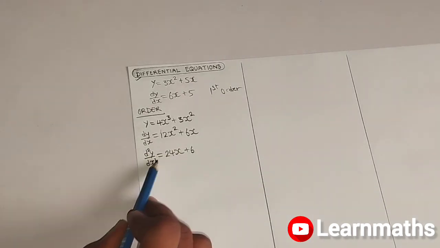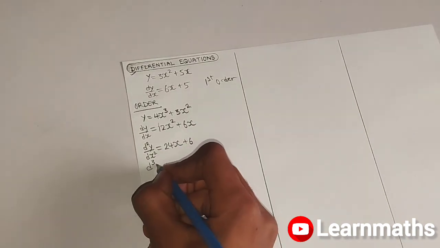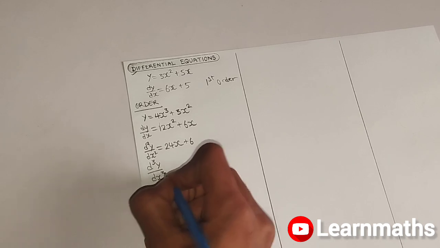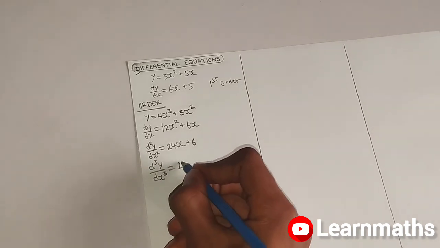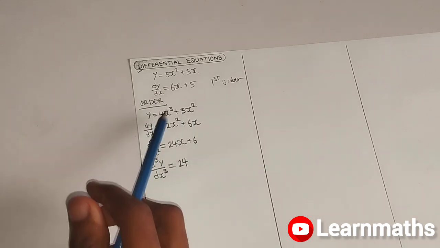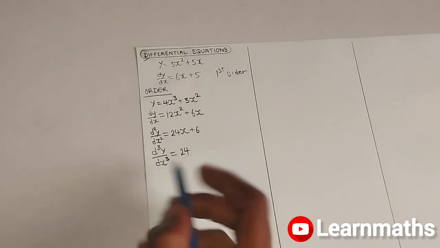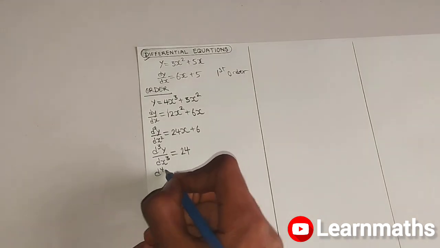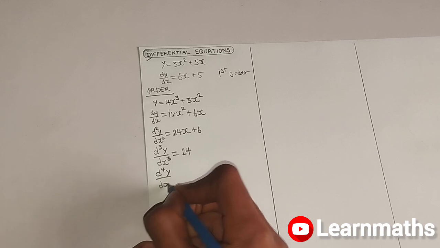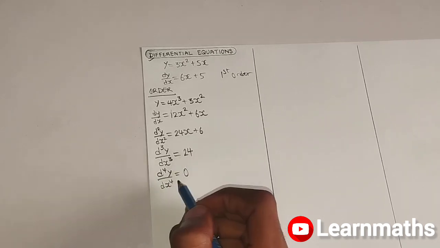Now this is second order. If you want, you can go further to get the third order, and that's going to just be 24. 24 is the third order differential of this function here. You can of course get the fourth order if you want, and that's going to be 0, since the differential of this constant 24 is actually 0.